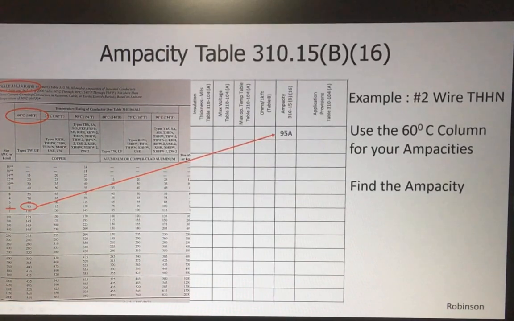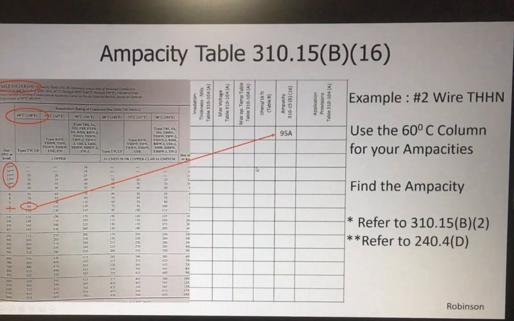So there, the number 2 would be 95 amps. And then you look here, there's asterisks here, and pretty much that's when you refer to 240.4(D), it's going to tell you that number 14 can't be more than 15 amps, number 12, 20, number 10, 30. And that's what you see right here in the 60-degree column. So again, just use the 60-degree column.